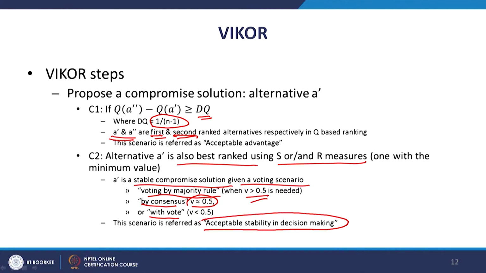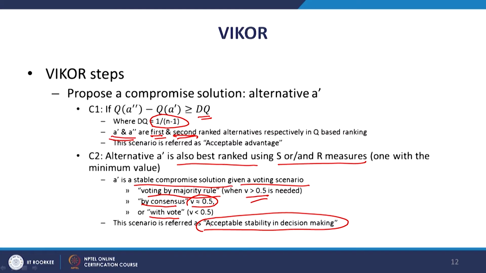So, either Q and S, or Q and R, or Q, S and R. If in all three lists a particular alternative A dash is ranked best, then we can say this is a stable compromise solution. So, across rankings it comes out to be the best one. This scenario is referred to as acceptable stability in decision making.